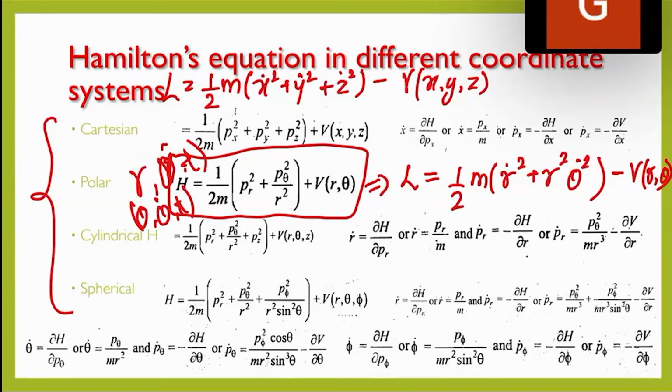Now we do not have theta here. However, we have theta dot. So what is the cyclic coordinate? The cyclic coordinate is theta, which means its conjugate momentum, p theta, will be a constant of motion. It will be constant.